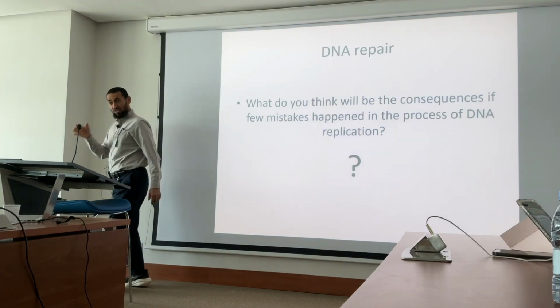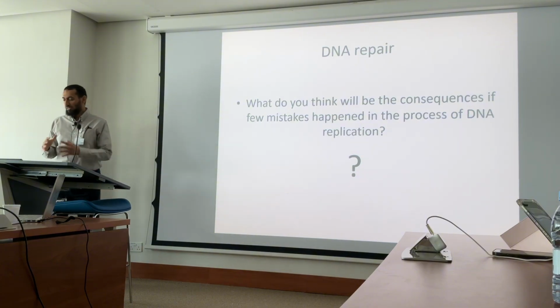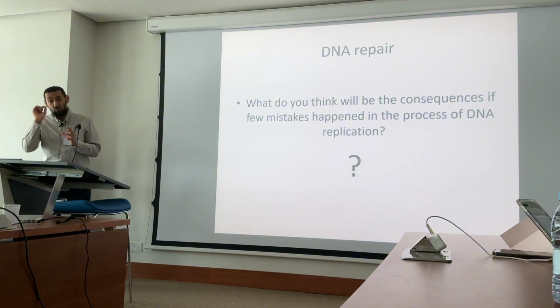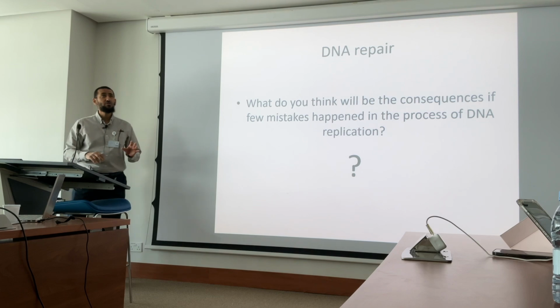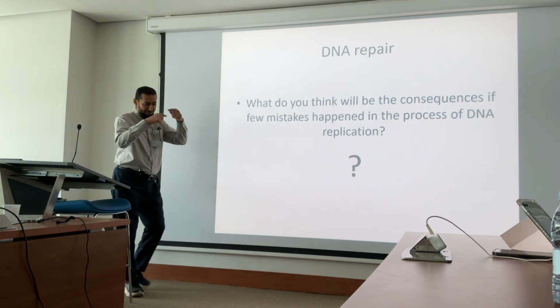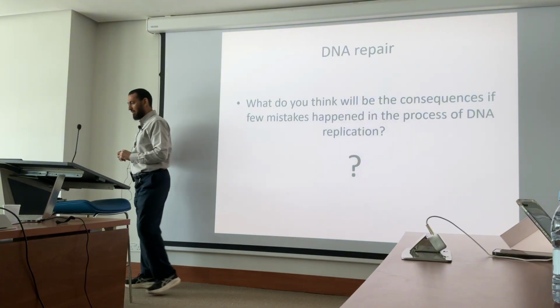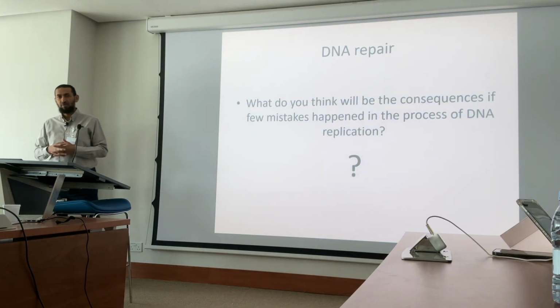To understand how serious the repair mechanism is, what do you think will be the consequences of a few mistakes? Let's say, for example, 5 billion replications, only one mistake. What do you think will happen in the process of DNA replication?